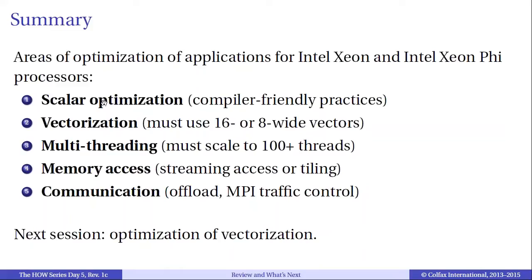So we talked about 5 areas of optimization today, and I will demonstrate them again live in the hands-on part. But we will continue the course by discussing in the next session scalar optimization and vectorization. So we will revisit vectorization, this time focusing on performance. Then we will have 2 sessions about multi-threading optimization, 1 session on memory access.